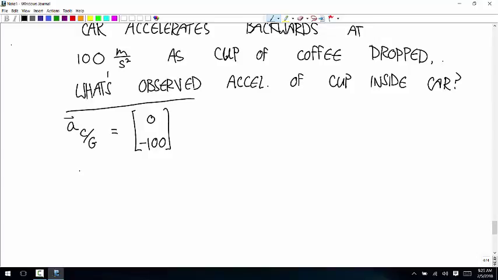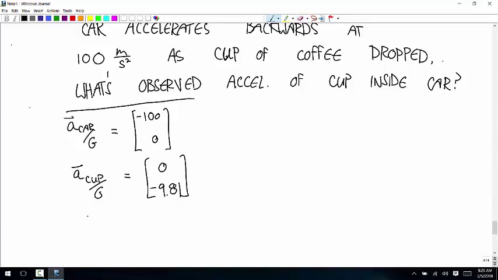This is the car. This is the acceleration of the cup relative to the ground. If it's dropped, it's just in free fall. So this is 0, negative 9.81. And I did my vector wrong on this. The car's acceleration is negative 100 in x, 0 in y.